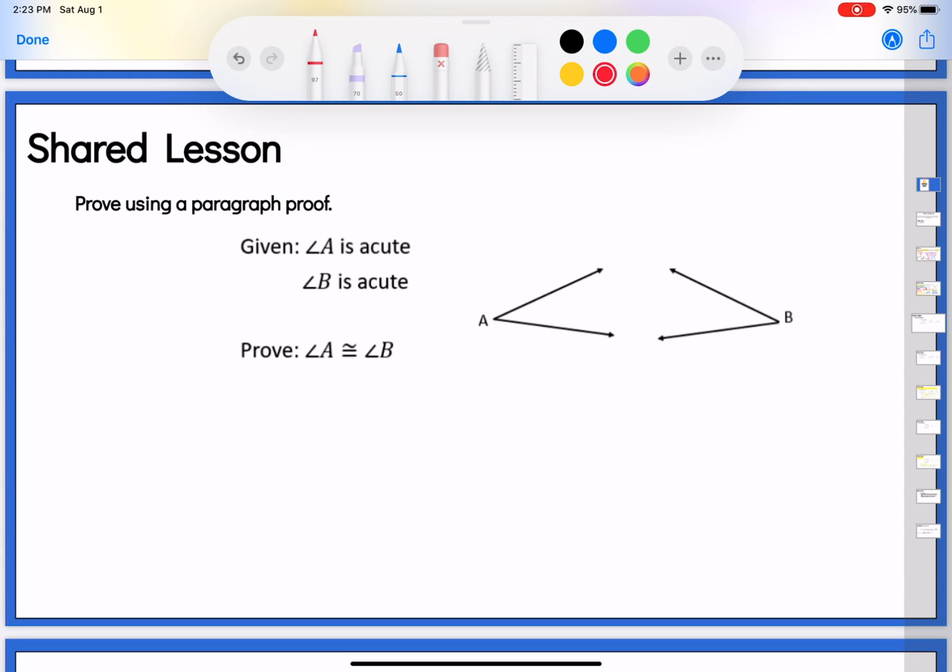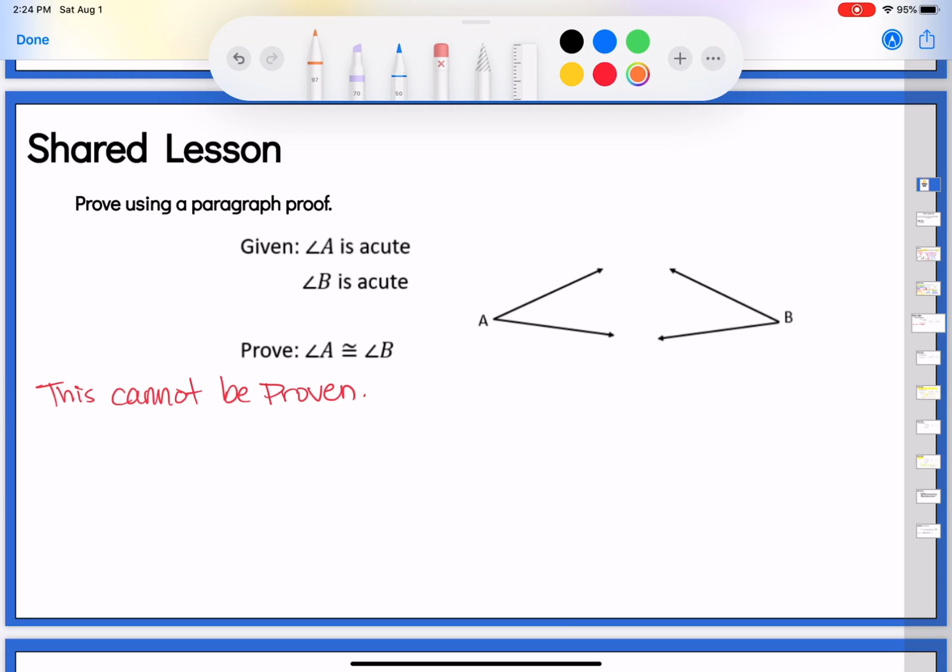And that's how we start this paragraph proof: we start it by saying, this cannot be proven. And then we start writing down exactly what we just talked about. We kind of wrote our paragraph proof already.